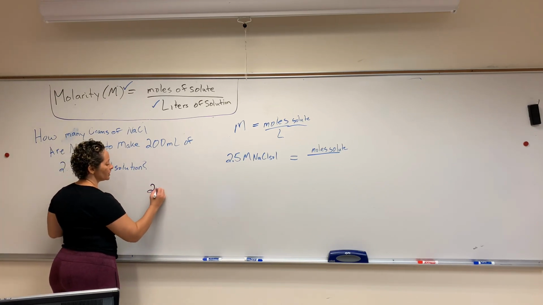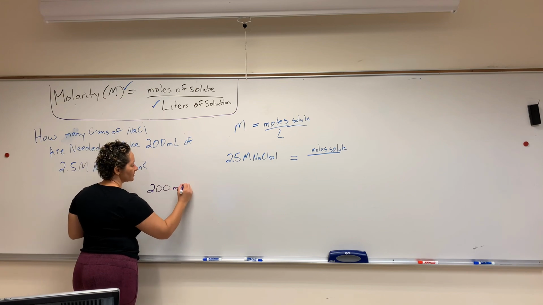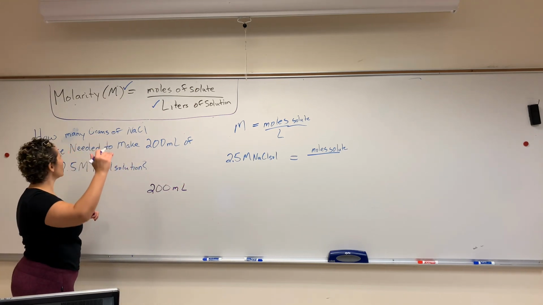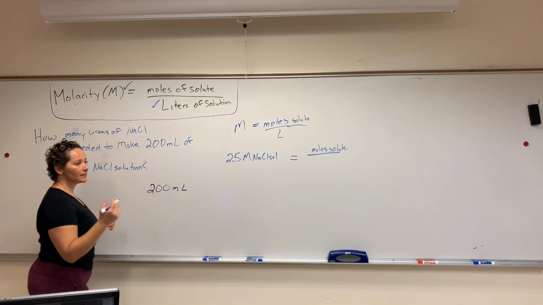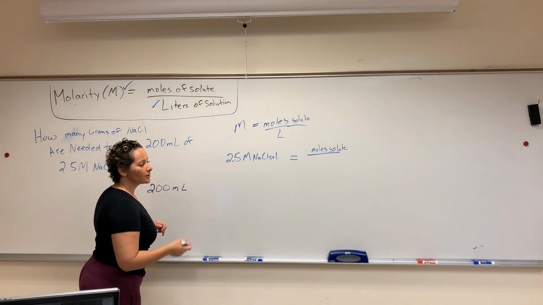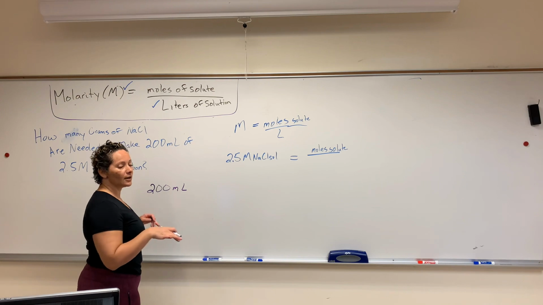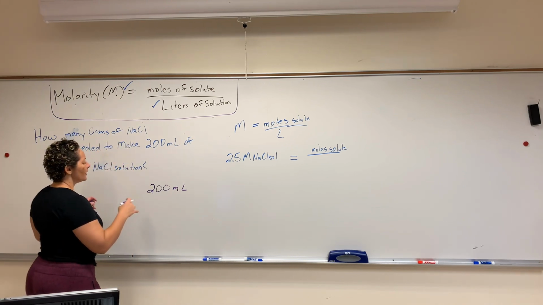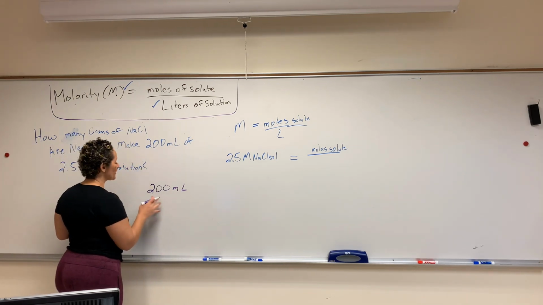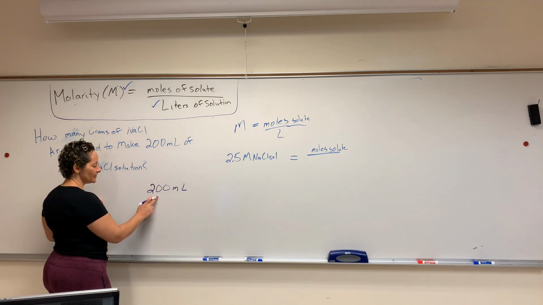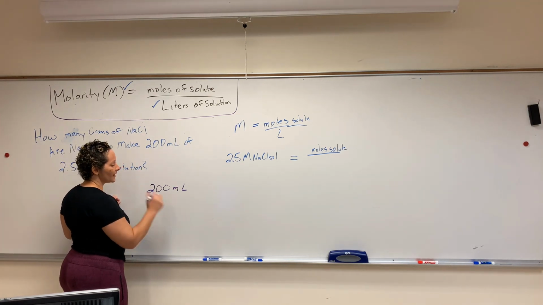So 200 milliliters. For all of our conversion factors, I gave you a list before of how many milliliters per liter, how many centimeters per liter. I'm not sure which, but I know they're there. Anyway, 200 milliliters, I need to convert that into liters.